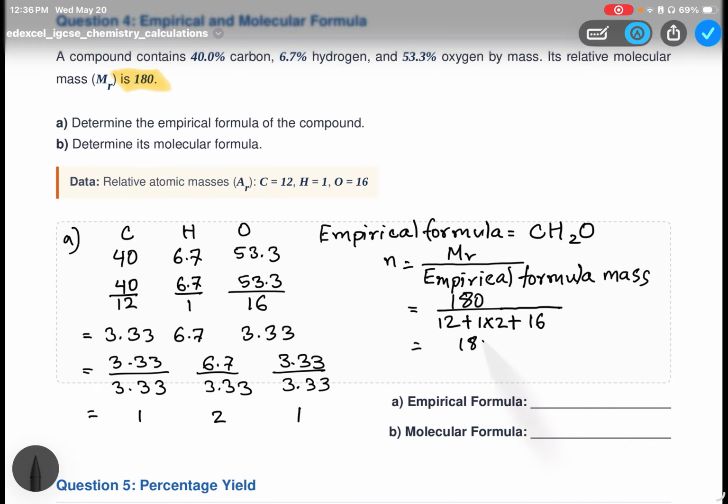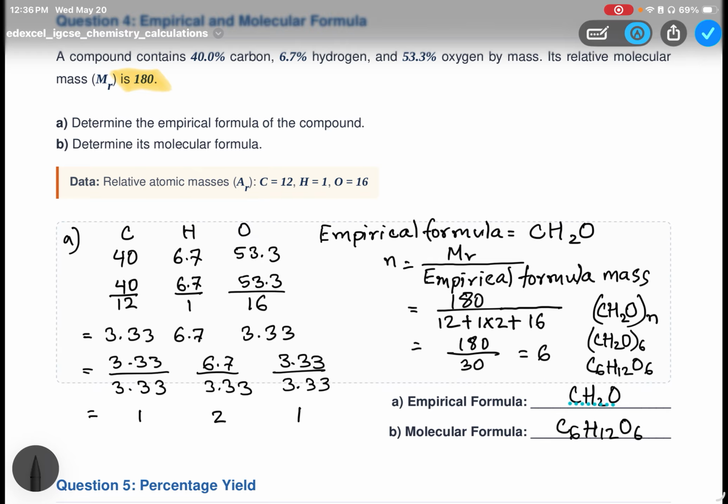So 180 divided by 30 gives us 6. Now your formula becomes (CH2O) times N, which is (CH2O)6, so C6H12O6.